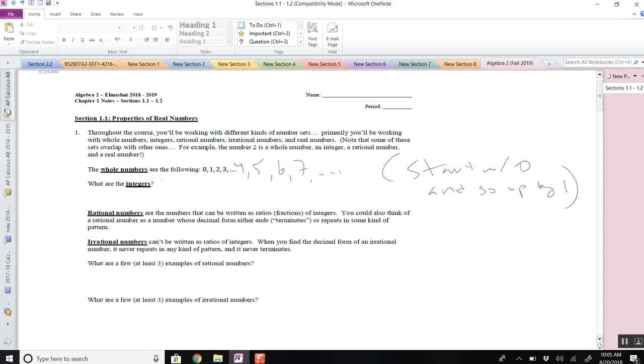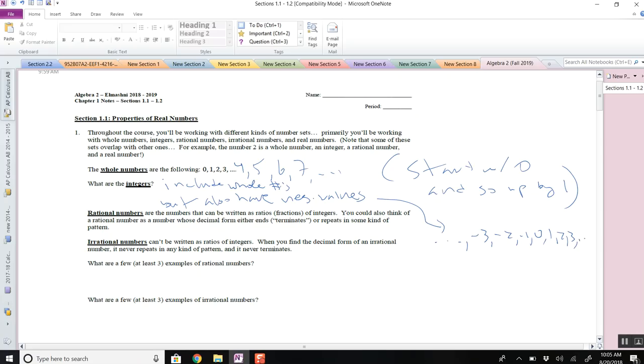Now, integers include whole numbers, but also have negative values. We don't know where to start because it usually starts at negative infinity, but you have -3, -2, -1, 0, 1, 2, 3, and so on.